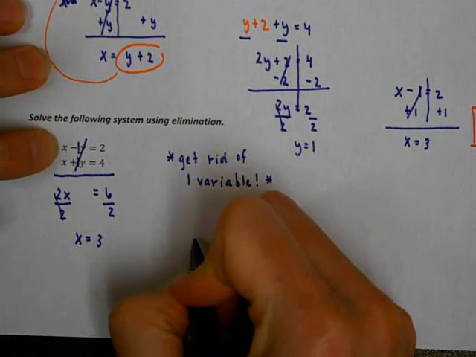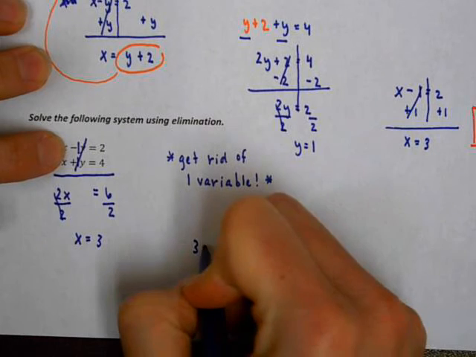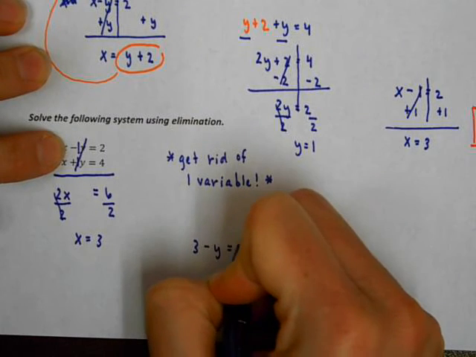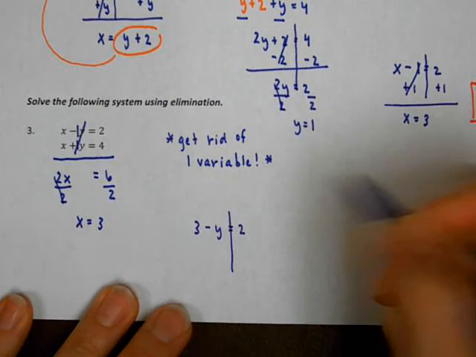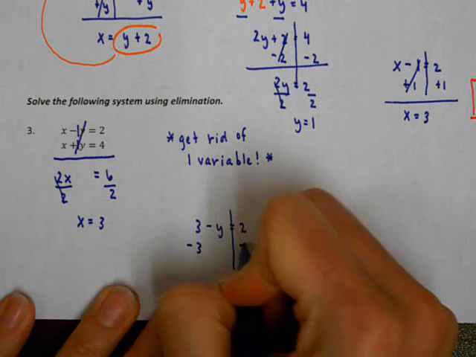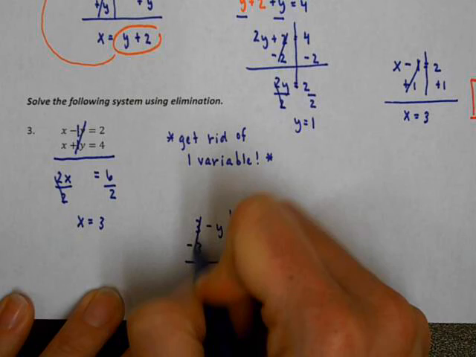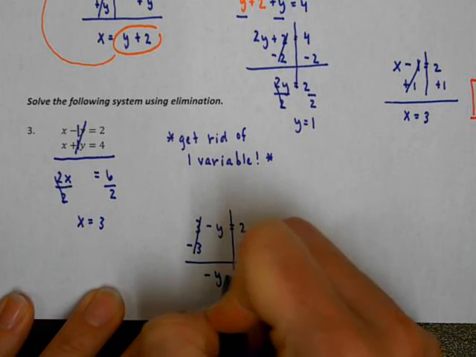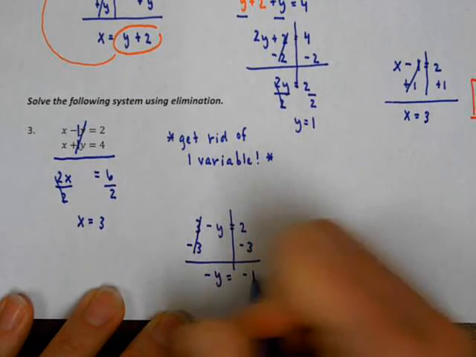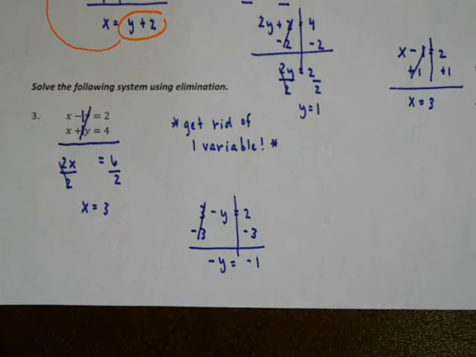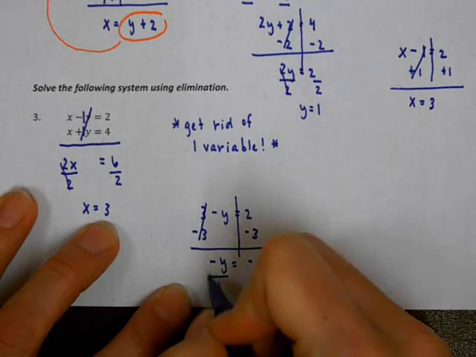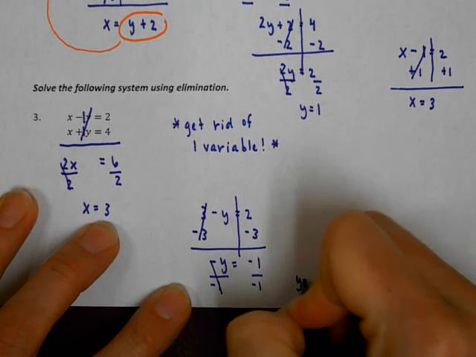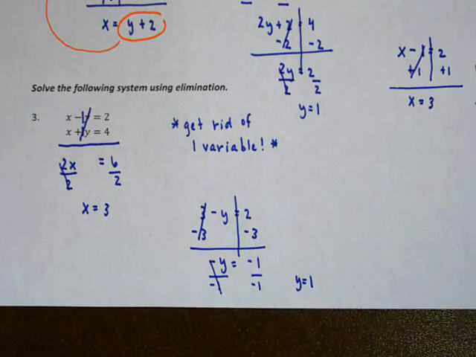So instead of x, I have 3 minus y is equal to 2. To solve this for y, I'm going to subtract the 3 from both sides. I get a -y equals a -1. My last step is going to be divide both sides by a -1, and I get y equals a +1.